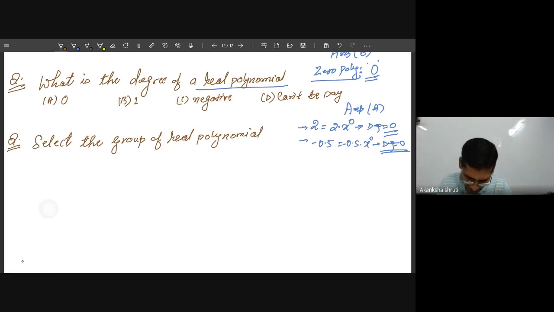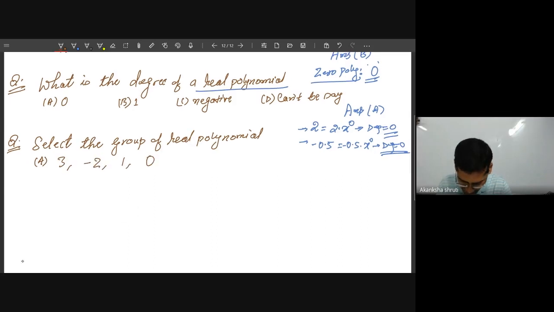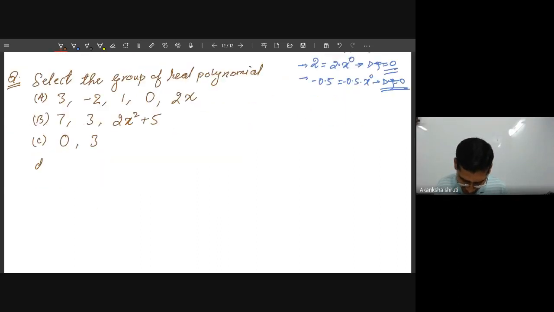The question will be like this one. In A, it is given as 3, minus 2, 1, 0. Option B, let me write one more, 2x. Option B, 7, 3, 2x square plus 5. Option C, 0 and 3. Option D is only 0.